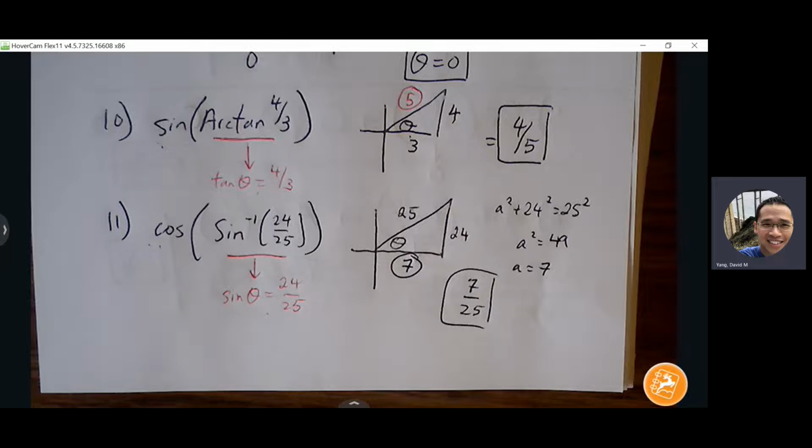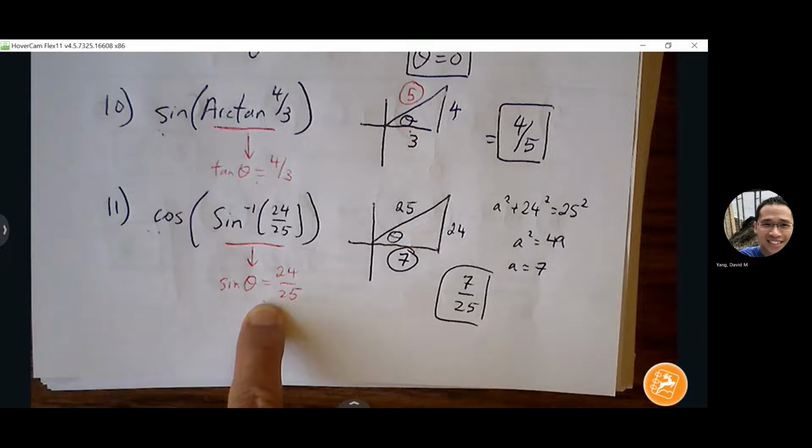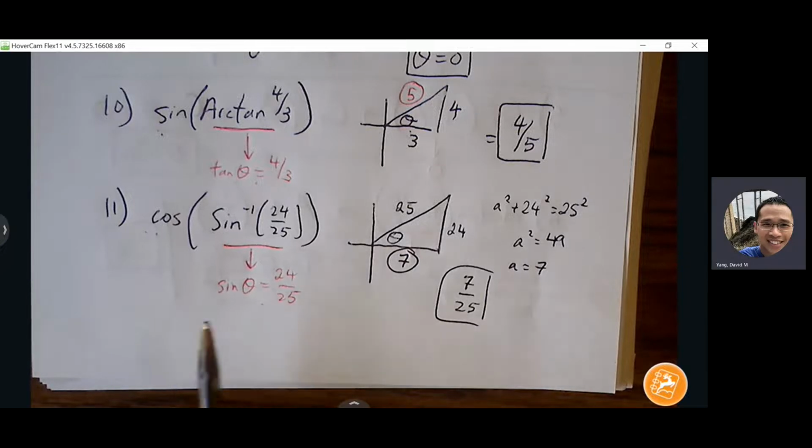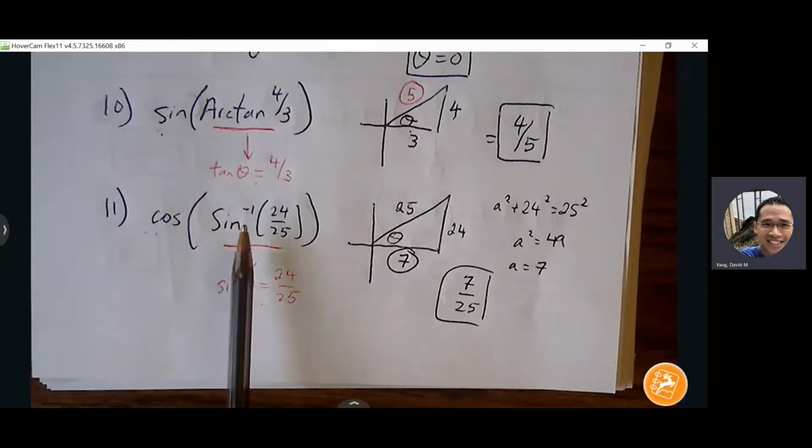Good so far? All right, number 12. Yes. So for number 11, the inverse sine of 24 over 25. Okay, this is not the same thing as cosecant.